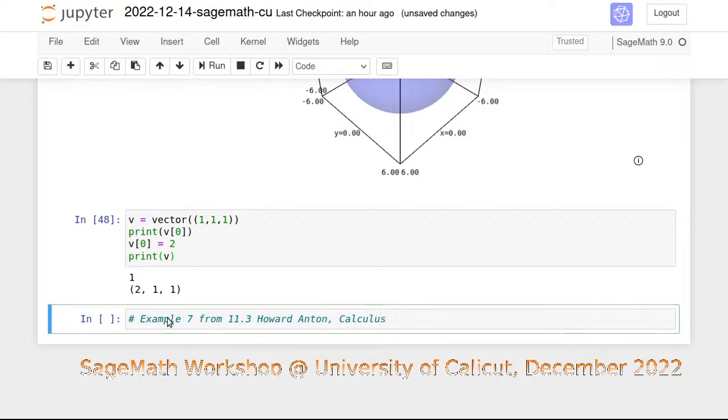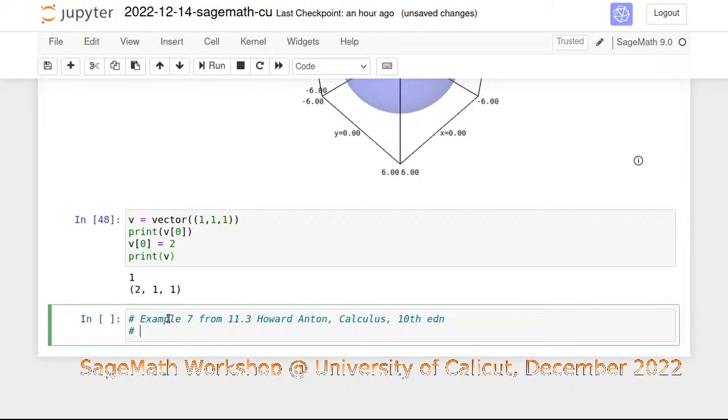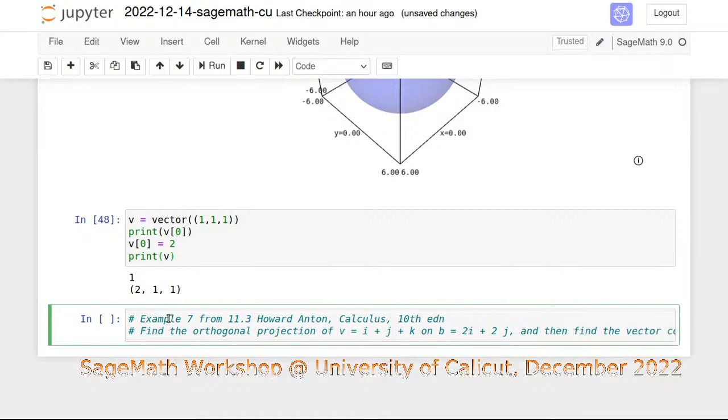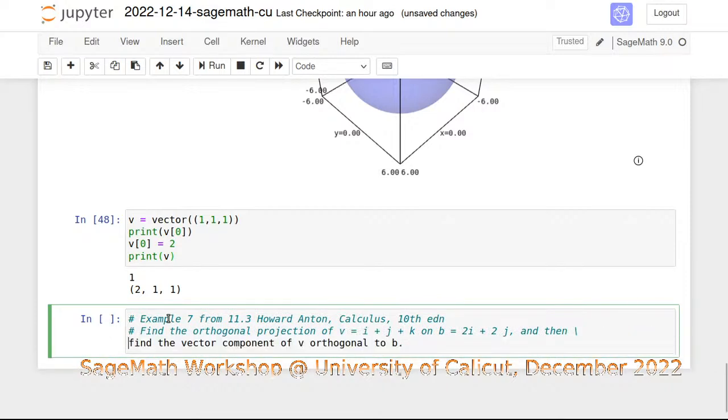I think it's the 10th edition. So the question is essentially this: find the orthogonal projection of V equal to i plus j plus k on B equal to 2i plus 2j, and then find the vector component of V orthogonal to B. This is the question.